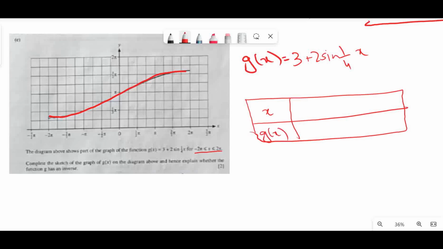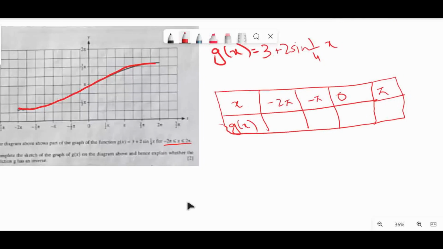Let's suppose the first value of x is minus 2 pi, then the next value will be minus pi, then 0, then pi, so that it will help us to clearly sketch the graph. Now the next value must be 2 pi.